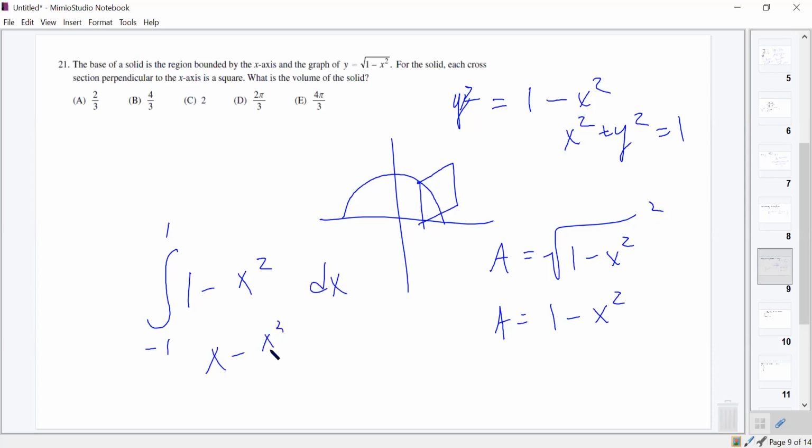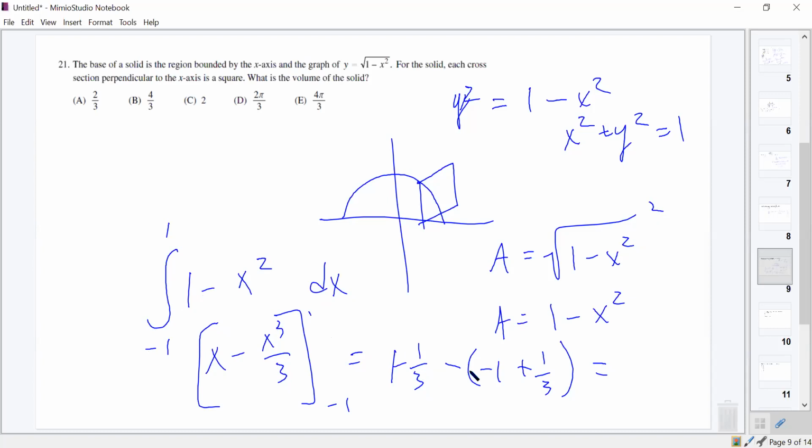That gives us x minus x cubed over 3 from -1 to 1. 1 minus a third minus -1 plus a third gives us 2/3 plus another 2/3, which is 4/3. Good or no?